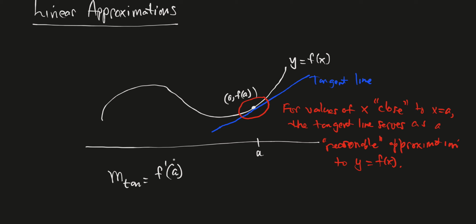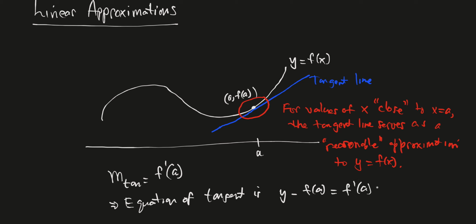Take our derivative, our function is nice and differentiable, evaluated at a, that gives us the slope of the tangent line, and then the equation of the tangent, again at this point, would be the point slope form, where it would be y minus the y value is equal to the slope times x minus your x value.